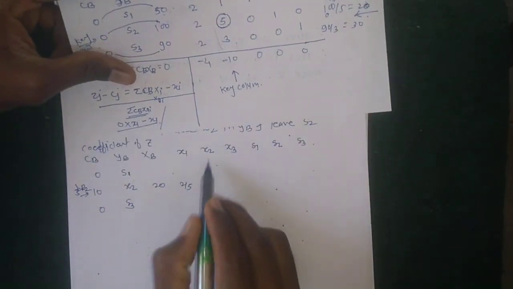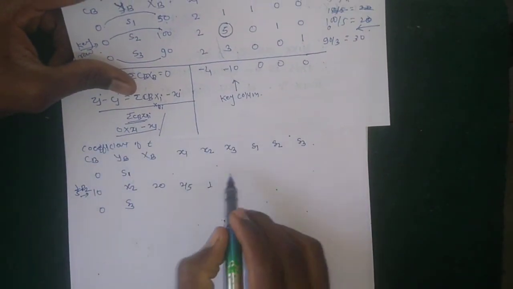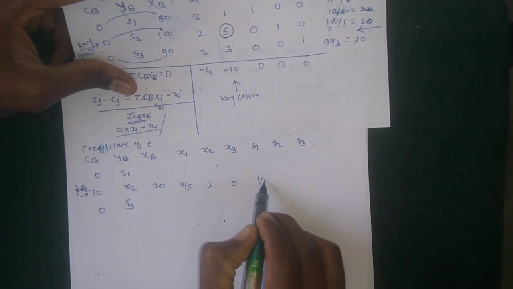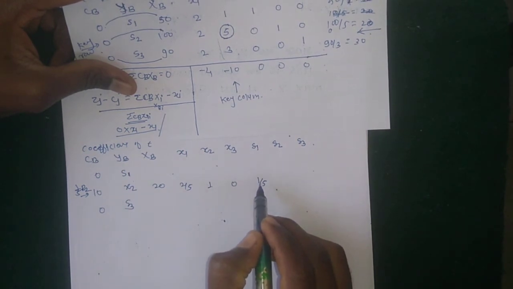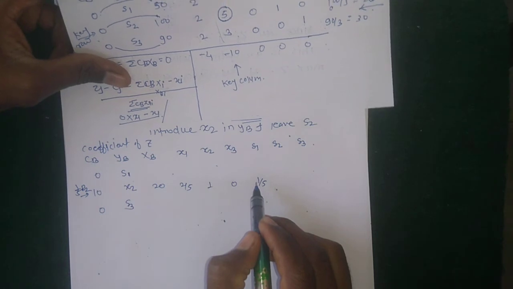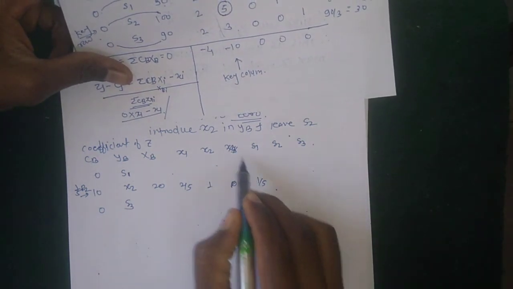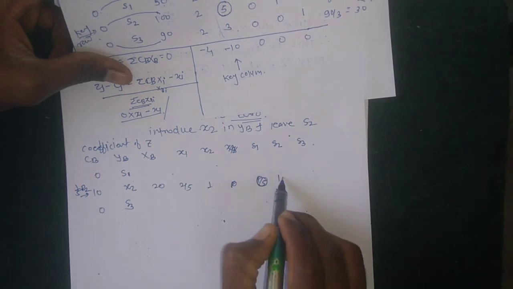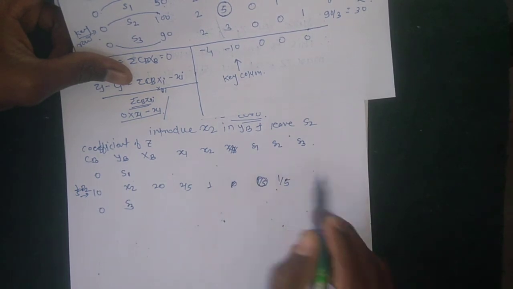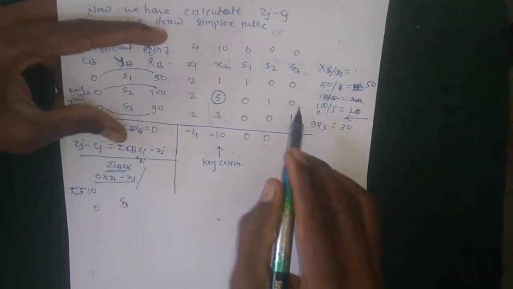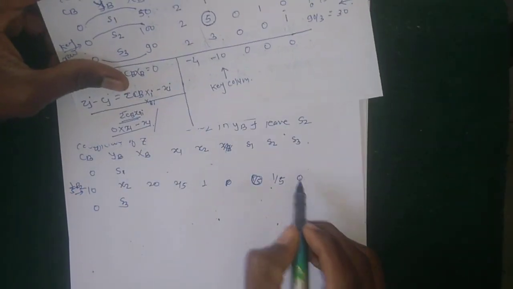For the second column, X2 leading element 5 by 5 is 1, then 0, then 1 by 5, then 0.